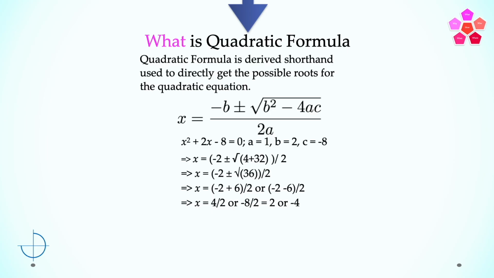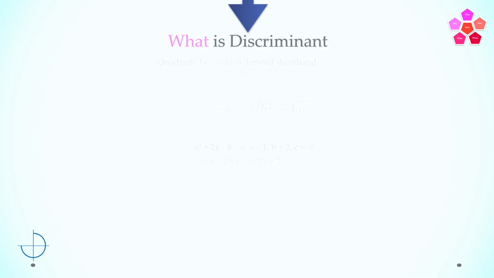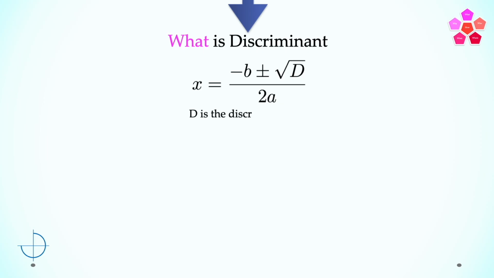Here b square minus 4ac is called the discriminant. So what is the discriminant? The same quadratic formula can be written as x is equal to minus b plus minus under root of d divided by 2a, where d here is the discriminant. d is equal to b squared minus 4ac.